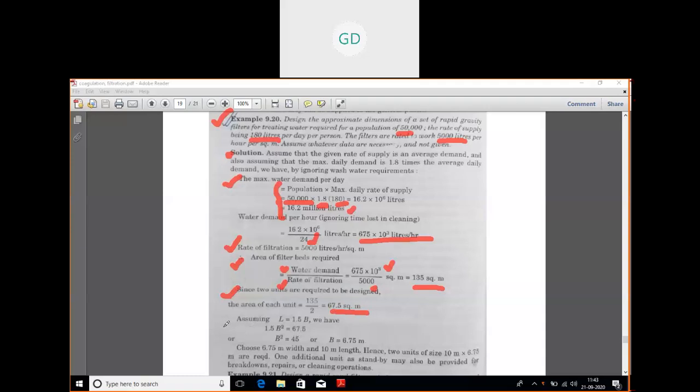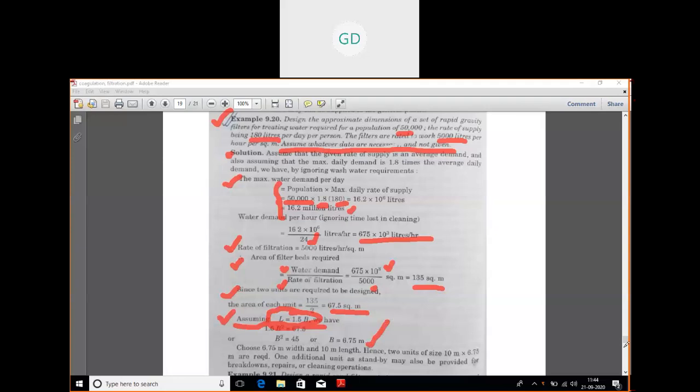Now this one they have assumed. Like in designing a slow sand filter, you can assume L is equal to 1.5 B, because it is given here: assume whatever data are necessary and not given. While studying the constructional details, you will find that if something is not given, you can assume the length as 1.5 into B. Putting that in, they got B to be 6.75.